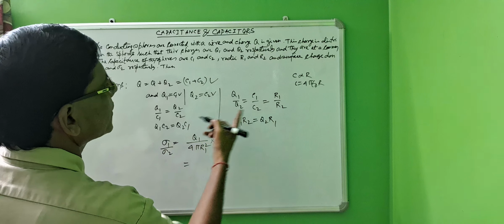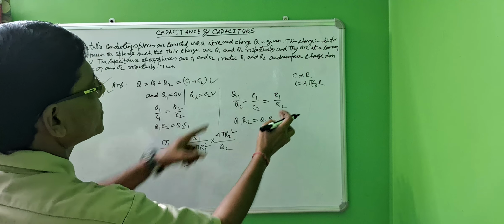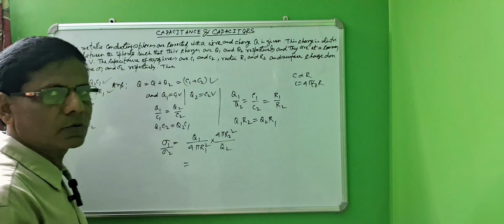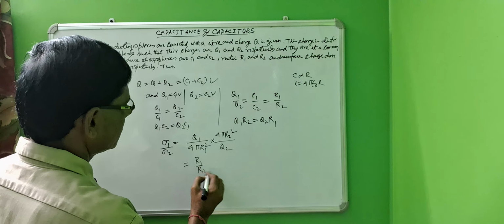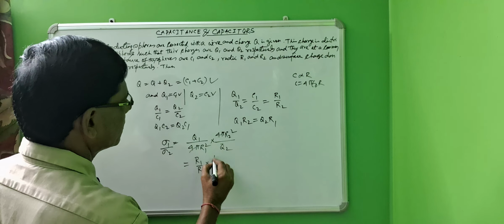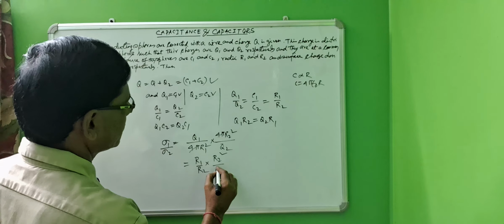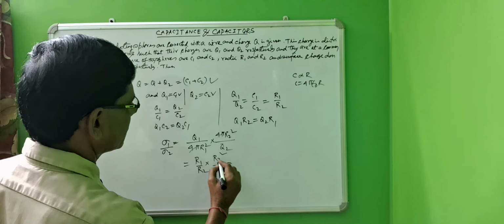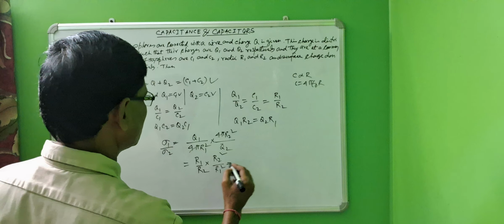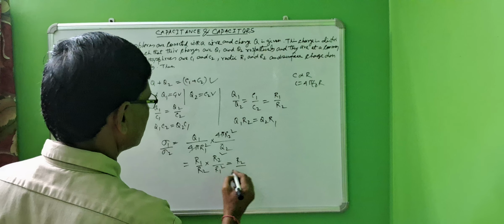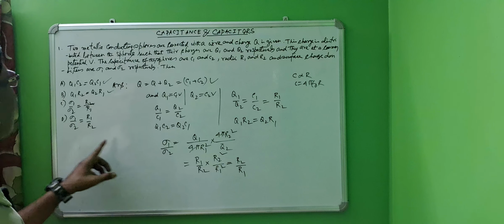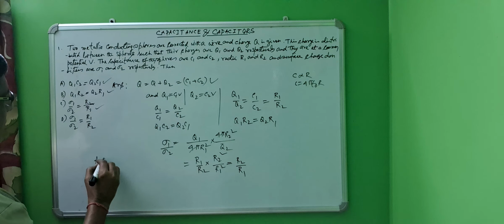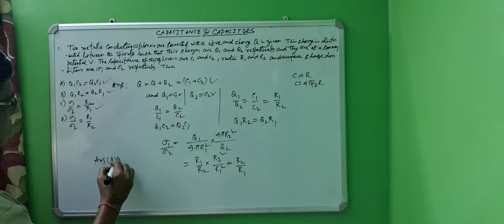Because Q1 upon Q2 equals R1 upon R2, from these two, sigma 1 by sigma 2 equals Q1 by Q2 times R2 square upon R1 square, and cutting, this is R2 by R1. So sigma 1 by sigma 2 is equal to R2 by R1. So answer A, B and C.